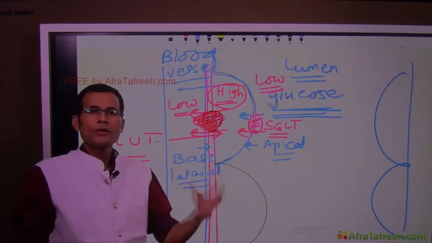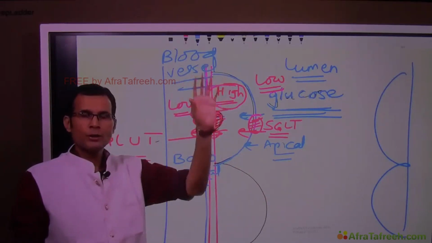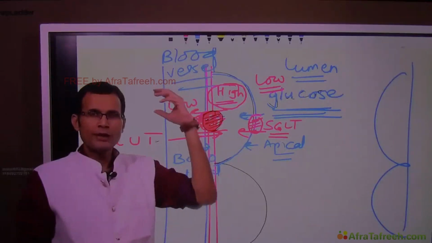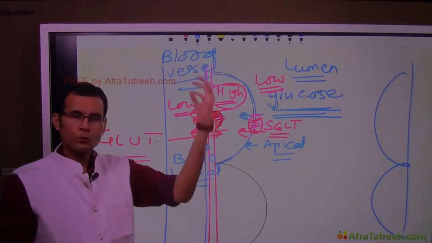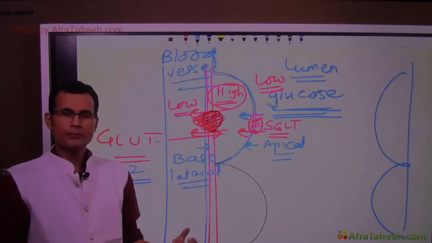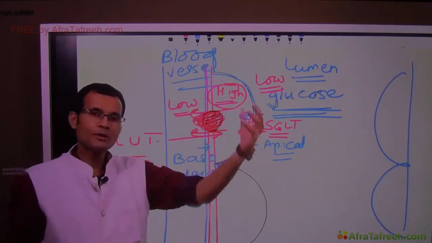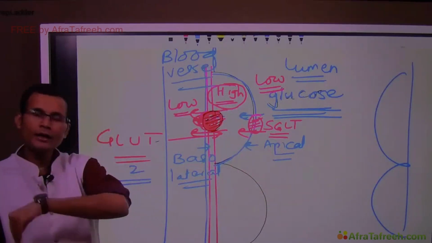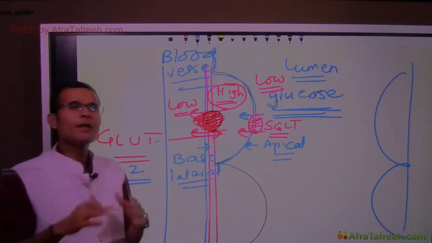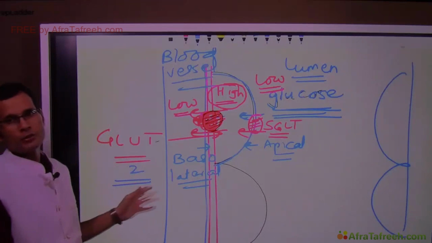Or glycogenolysis. You know, glycogen, the polymer of glucose, is stored in the liver and in the muscle. So when glycogen breakdown happens, glucose is formed inside the cell. Now this glucose has to come into the blood vessel to increase the blood glucose levels. How will the glucose from the cell come out and come into the blood vessel? By using GLUT2. What I'm trying to say is, whenever glucose has to come out of the cell, it always uses GLUT2. Remember this.